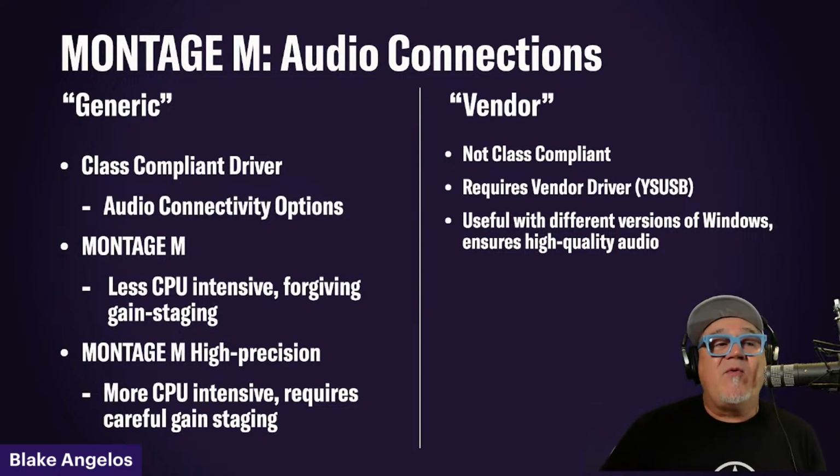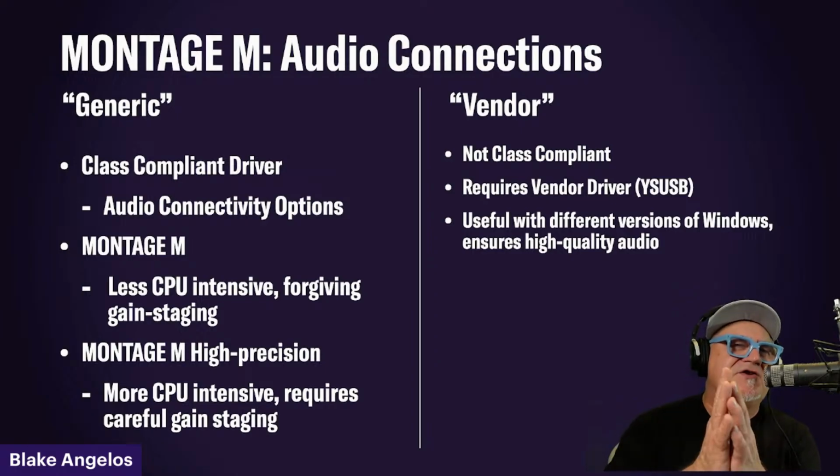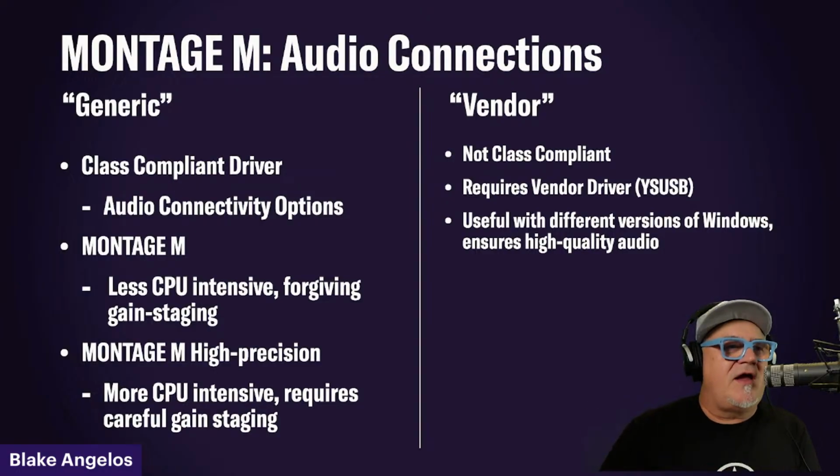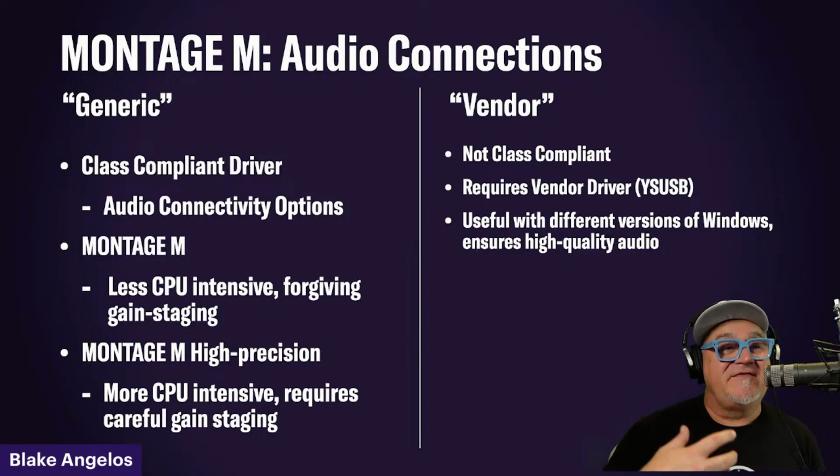So why would I? And some people believe that one might sound better than the other. At a certain point in this digital audio world, I would say use your ears. I cannot hear a single bit of difference between the two. All I know is that I like the Montage M, the lower CPU intensive. As far as hit on my system, it's much easier.